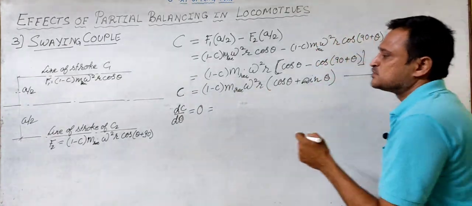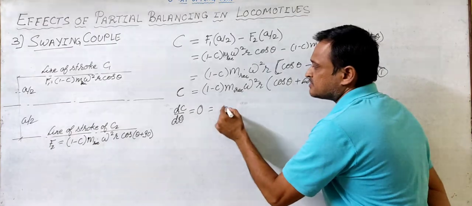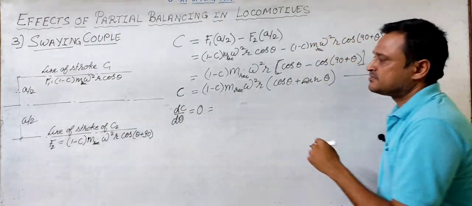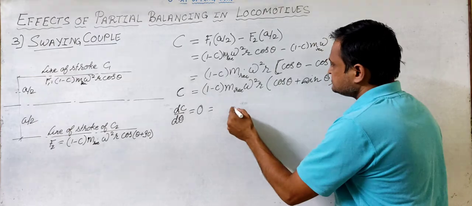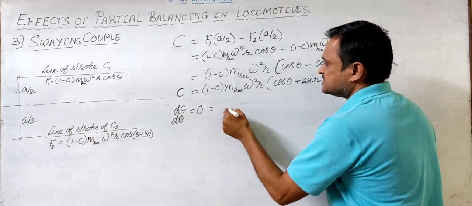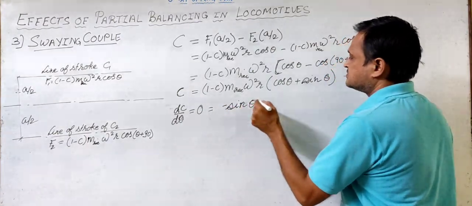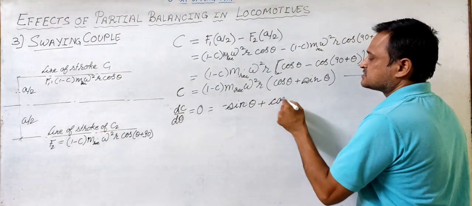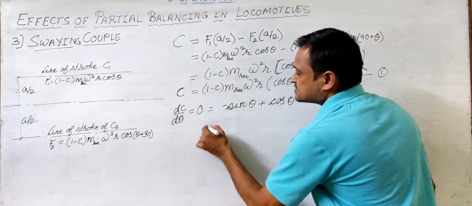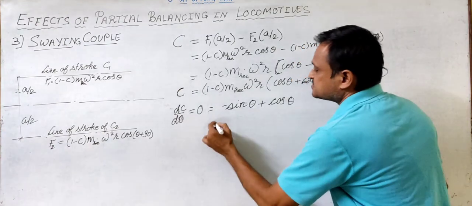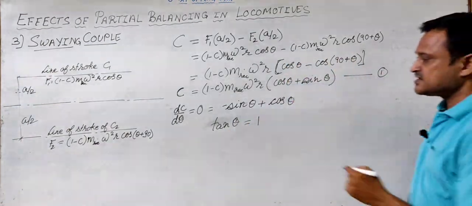So we get minus sin theta plus cos theta equal to 0, so sin theta is equal to cos theta, or directly tan theta is equal to 1.